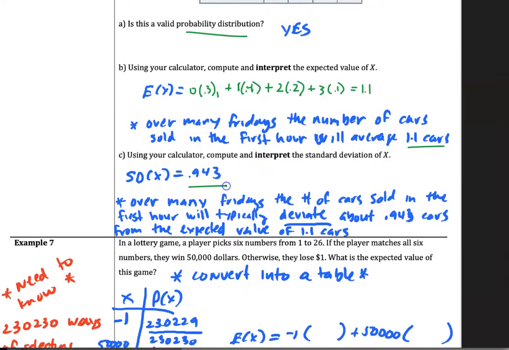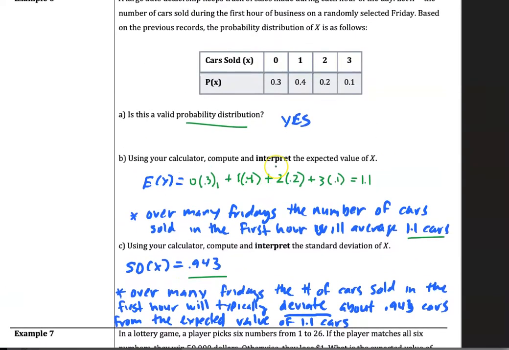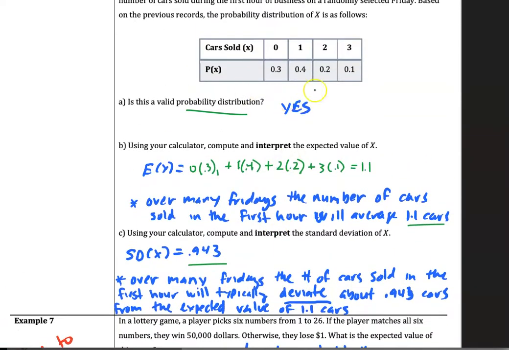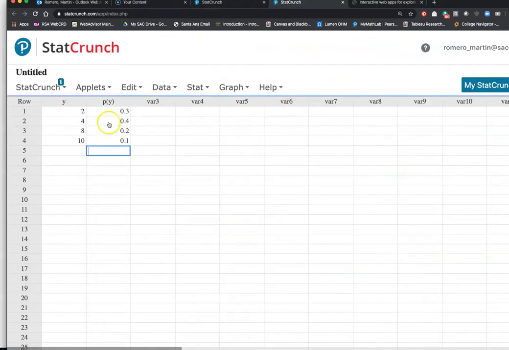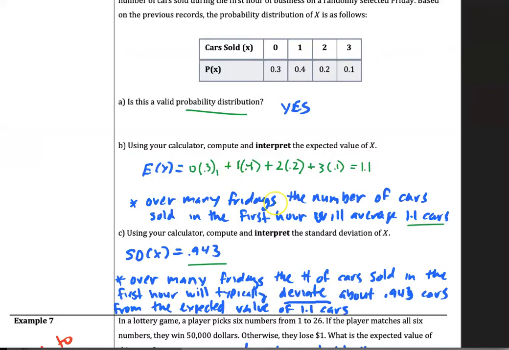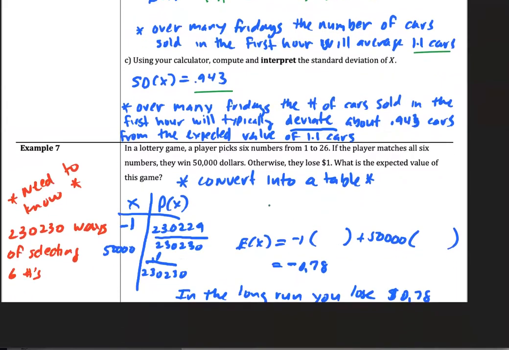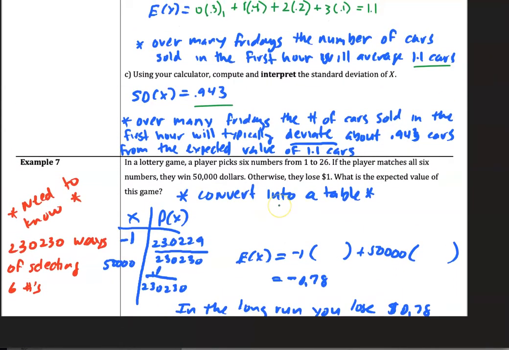And when you do that, you should get 0.943. The other way, of course, is to put this into StatCrunch, 0, 1, 2, 3, and then do the same thing that I talked about here, where you would use the custom calculator to get it. But those are the answers you would be getting there. And then the last example here for us is, well, let's stop there. I'll come back.